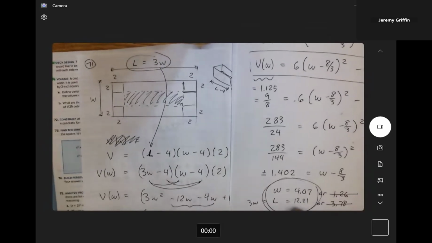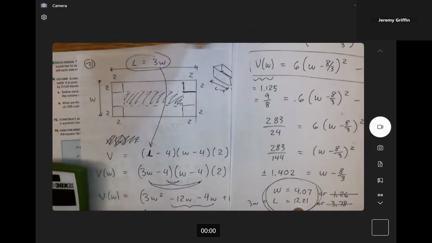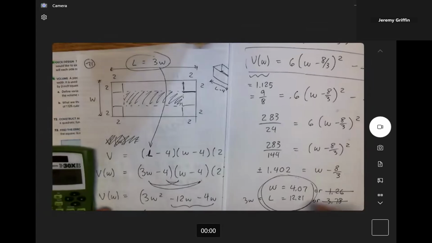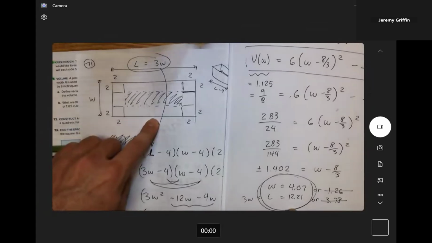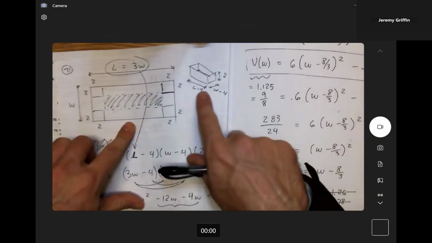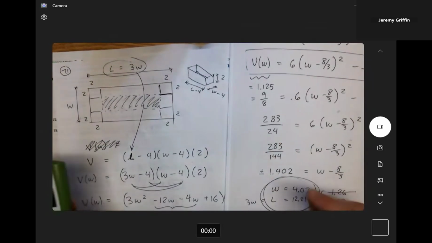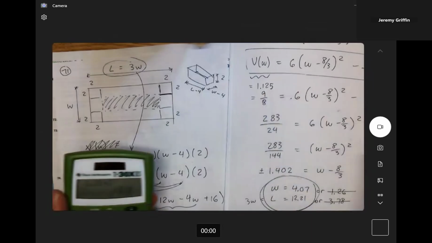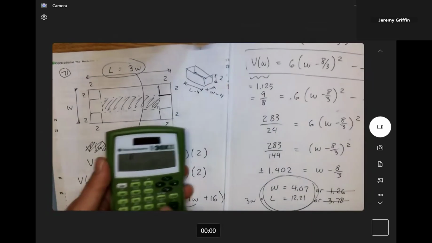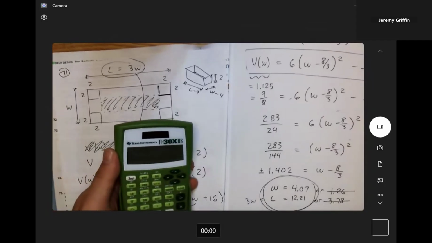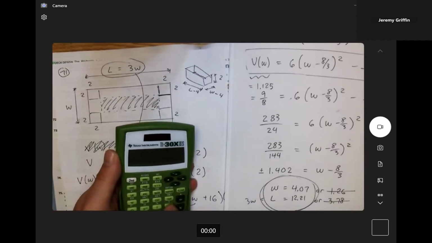Okay, so last thing I can do, let me make sure this actually does work. So I'm getting these dimensions right here. If I put this back into the original situation and I think about a 3D box, I should get about 1.125 cubic inches. Right, so the length of the box would be L minus 4, which is 12.21 minus 4.